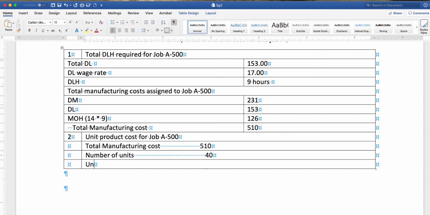So if I want to figure out the unit product cost, all I need to do is divide total manufacturing cost by the number of units. 510 divided by 40 gives me $12, and if I can read my writing, it looks like 75 cents. Let me double check that for a second. $0.75, yes. So $12.75 is the unit product cost.